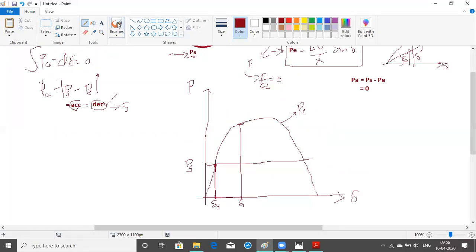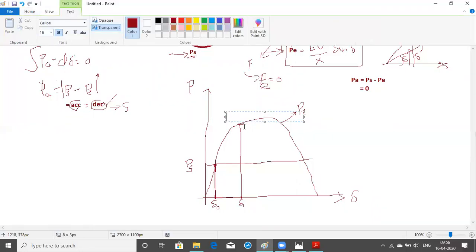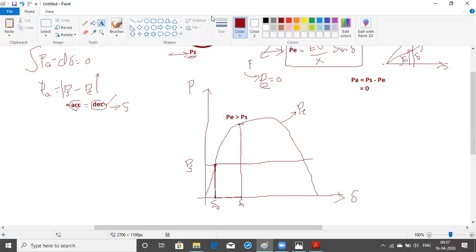At this point, if you clearly observe, PE is not equal to PS, but it is greater than PS. The electrical output power is greater than the shaft power at this condition.